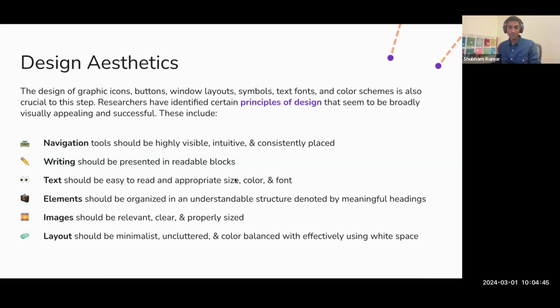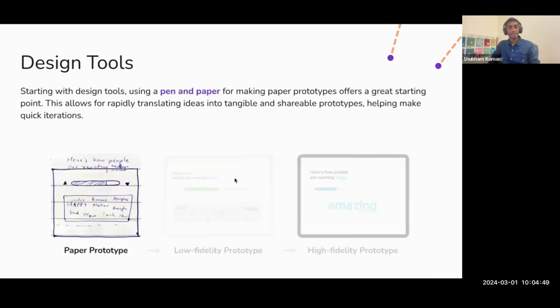Okay, and now let's talk about design tools. Design tools are of course necessary as you begin to make something tangible from all these ideas and discussions that you may have had in the steps prior to this. One of the best ways to get started is to use your pen and paper.